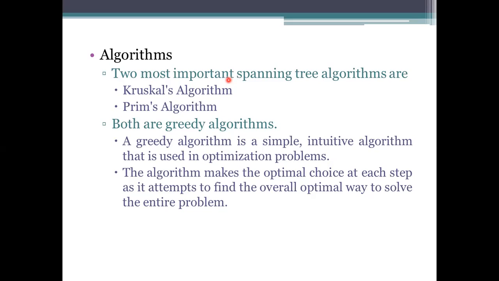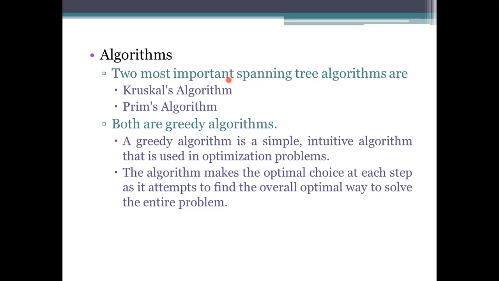Kruskal's and Prim's. These two algorithms are considered greedy algorithms, because at each and every step they allow you to take only the optimal way of finding a solution to our problem, meaning the best one is taken as the solution at that step, not for the complete problem.